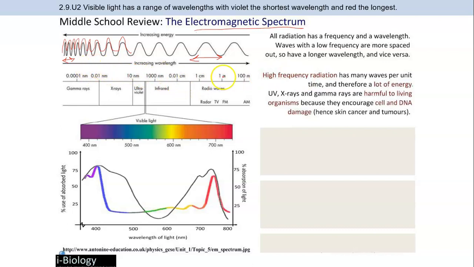The high frequency waves are like UV, X-rays, so ultraviolet, which is UV, is also considered high frequency. X-ray is also high frequency, and gamma ray, of course. These are harmful for living organisms because they have a lot of energy, and they cause damage to cells and DNA, and also cause skin cancer and tumors.